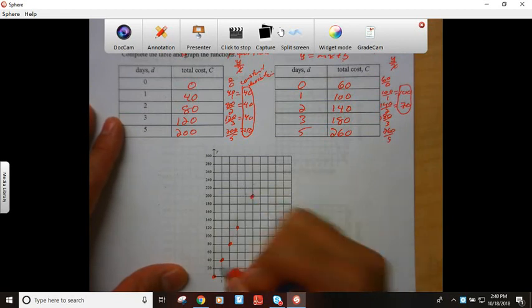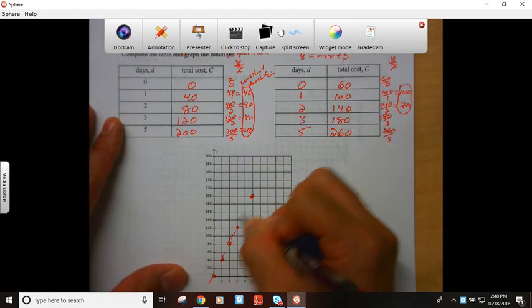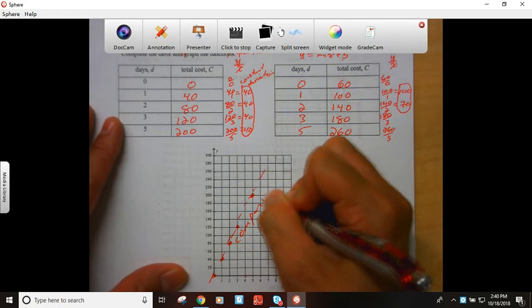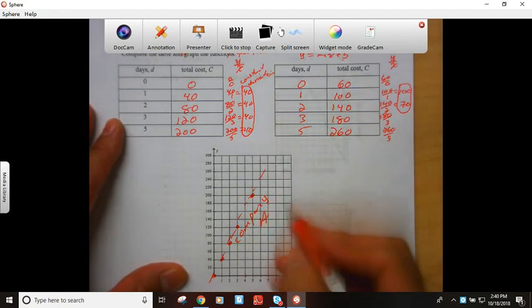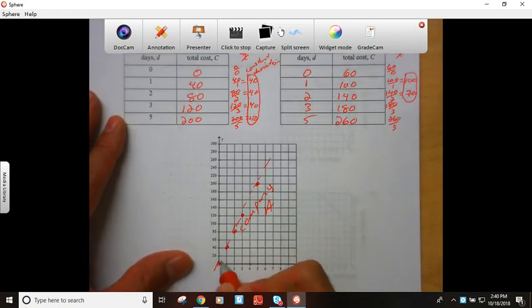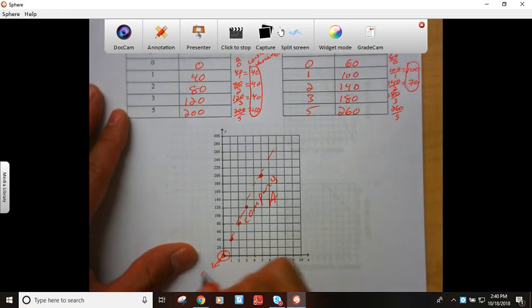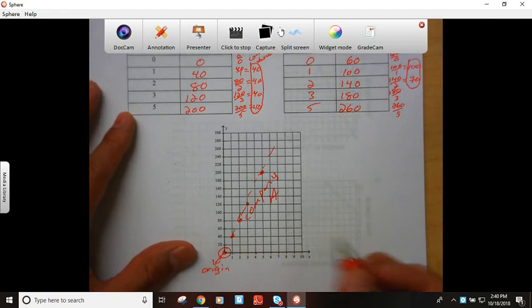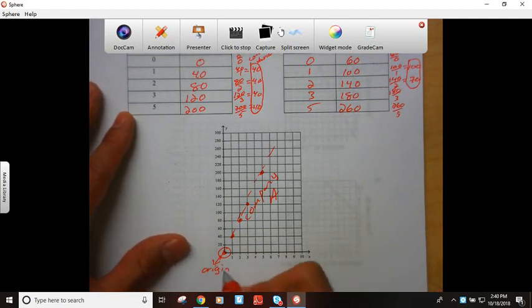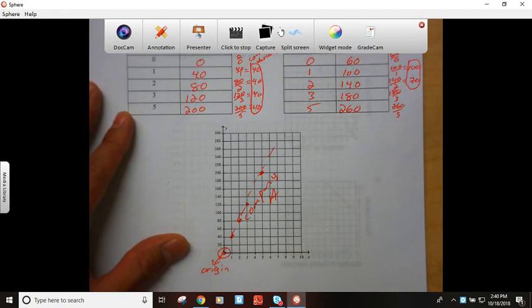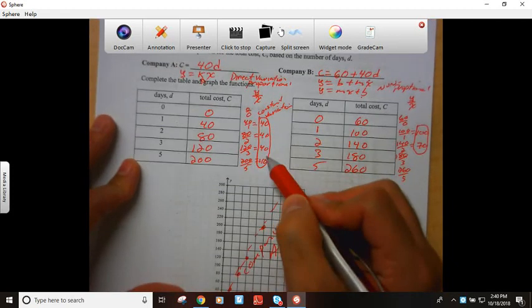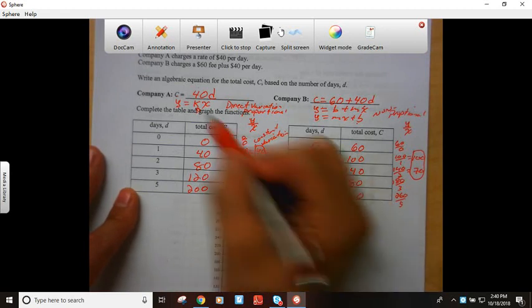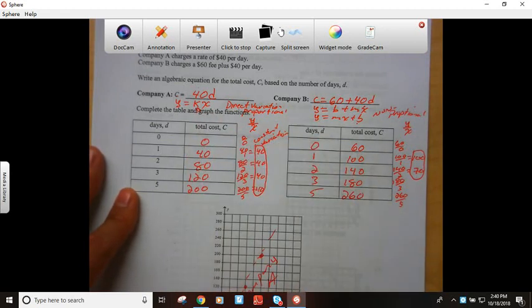So this is company A. And when we look at company A, our graph goes through the origin, so therefore it is a proportional relationship. Remember, all proportional relationships cross through the origin. So it matches with everything else that we said. It has a constant of variation. It fits the format of y equals kx.